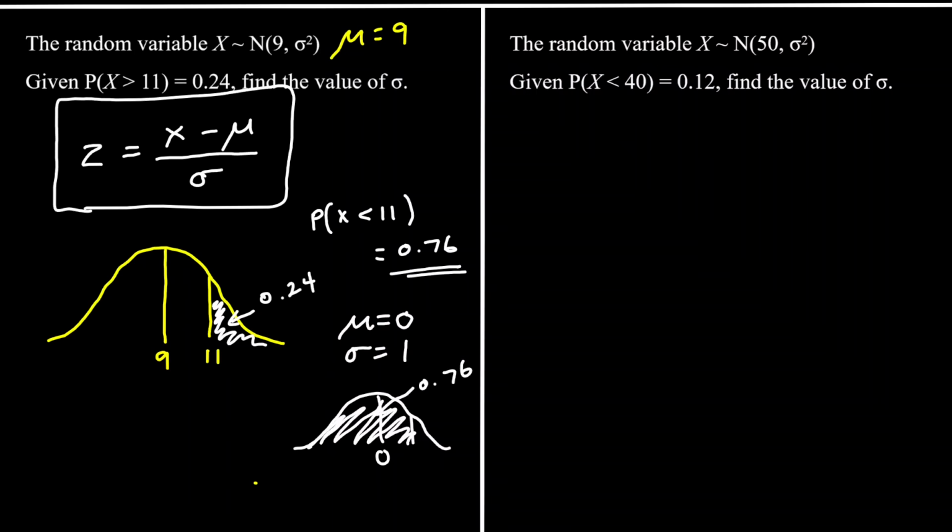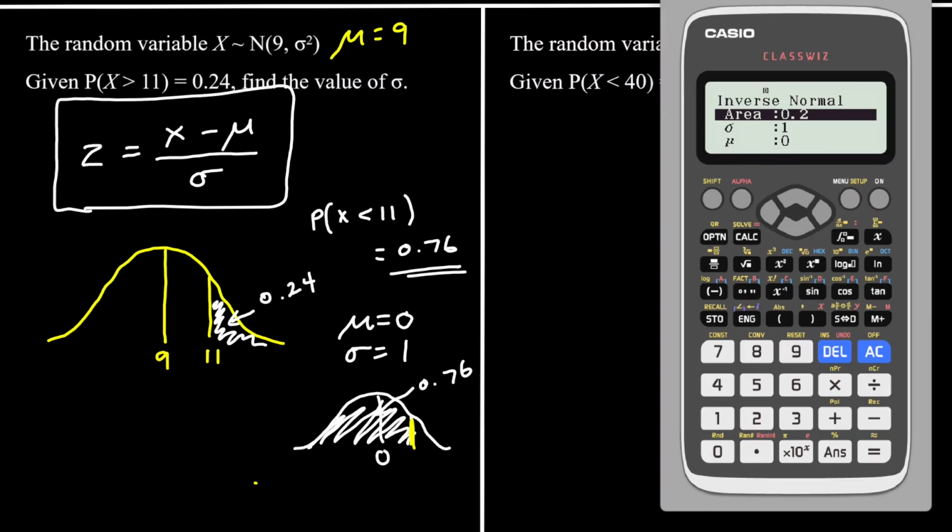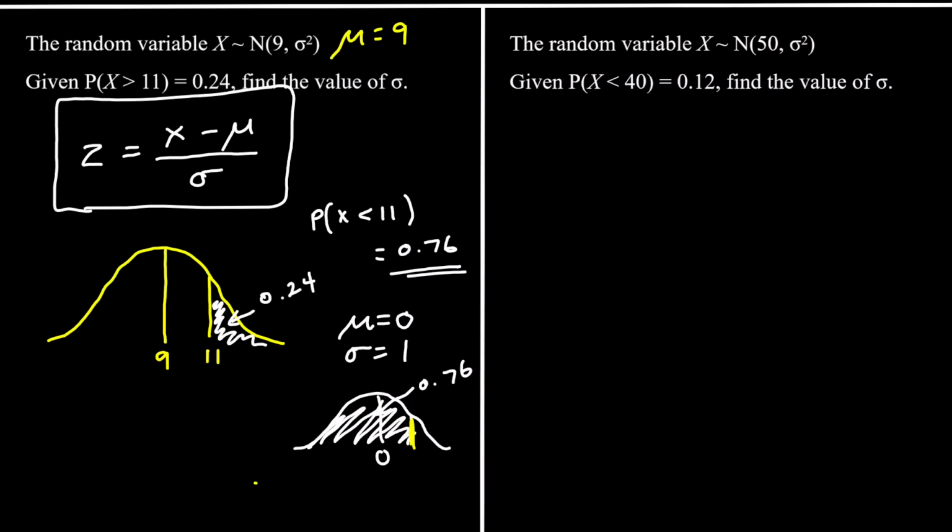So we can use the calculator and it will tell us this z value. So inverse normal, that's what we want. So we're in distribution, inverse normal, the area is 0.76, the standard deviation is 1, the mean is 0, so the value is 0.706. So our z value is 0.706.